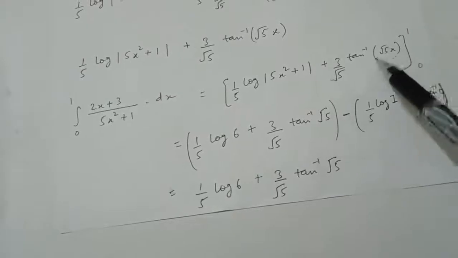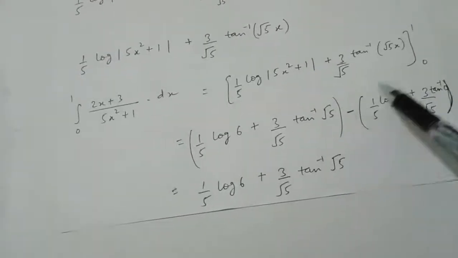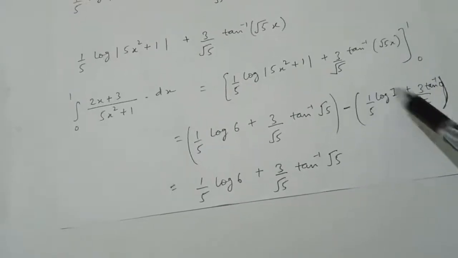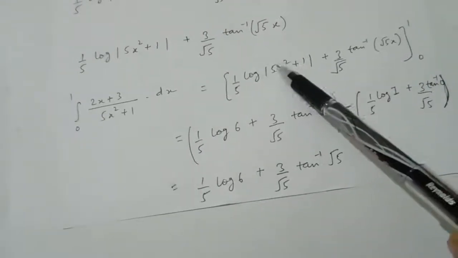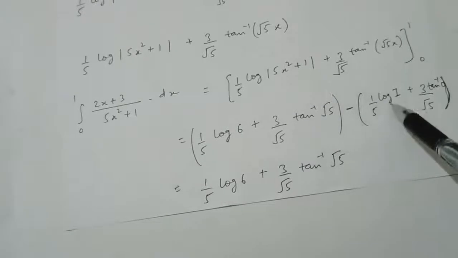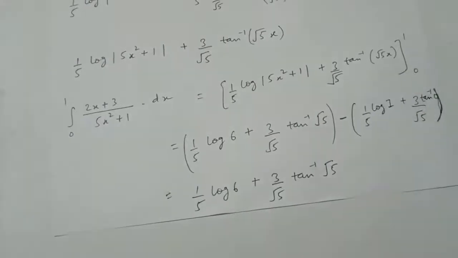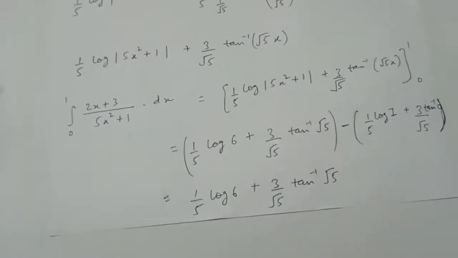Because root 5 into 1 is root 5, minus, now put 0 in this function, so 1 by 5 log 1, because this becomes 5 into 0 plus 1, which is 1, plus 3 by root 5 tan inverse 0, because root 5 into 0 is 0, right?